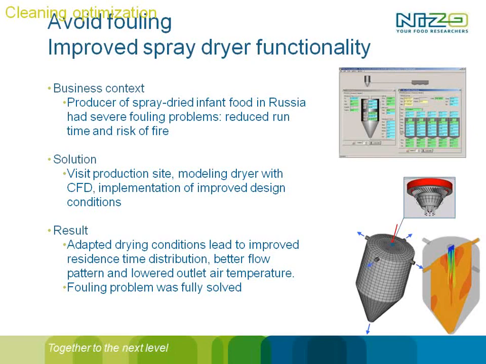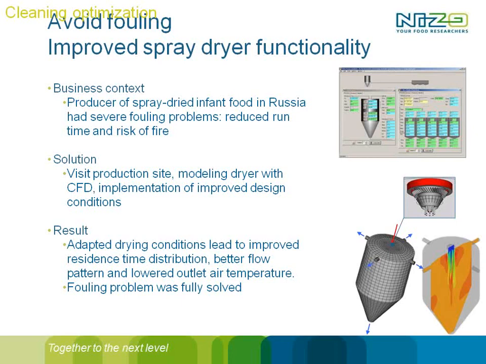And actually, what you see is that by adapting the airflow, so improving that one, it led to, first of all, less fouling, no fouling anymore, but the whole airflow pattern inside the spray dryer was improved as well. It sounds like a huge investment to adapt the inlet airflow, but actually in this case it was a minor adjustment.